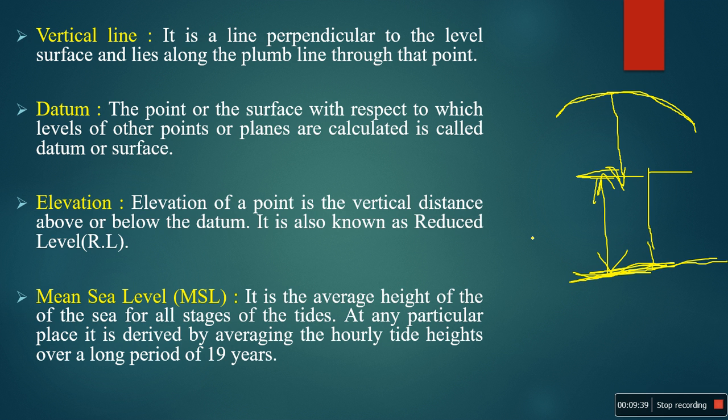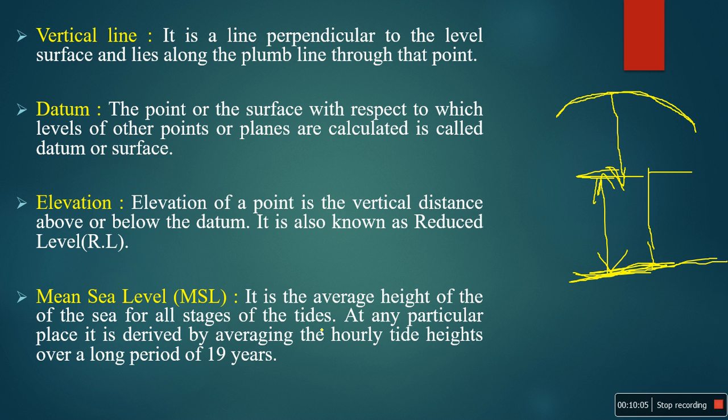The next one is mean sea level, that is MSL. It is the average height of the sea for all stages of the tides. At any particular place, it is derived by averaging the hourly tide heights over a long period of 19 years.